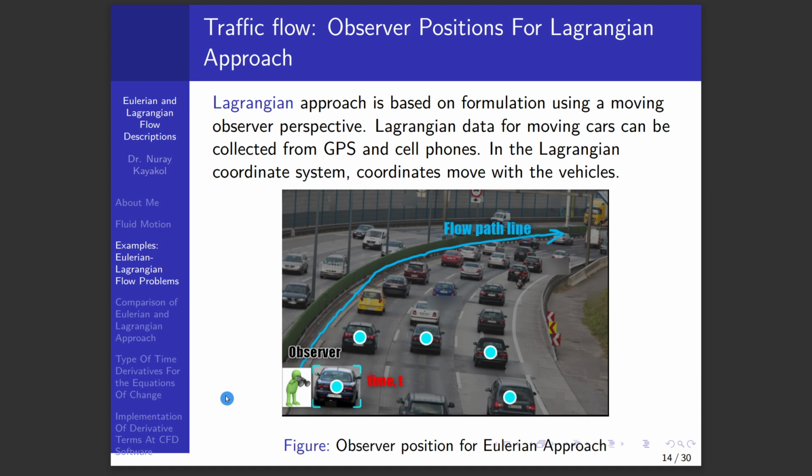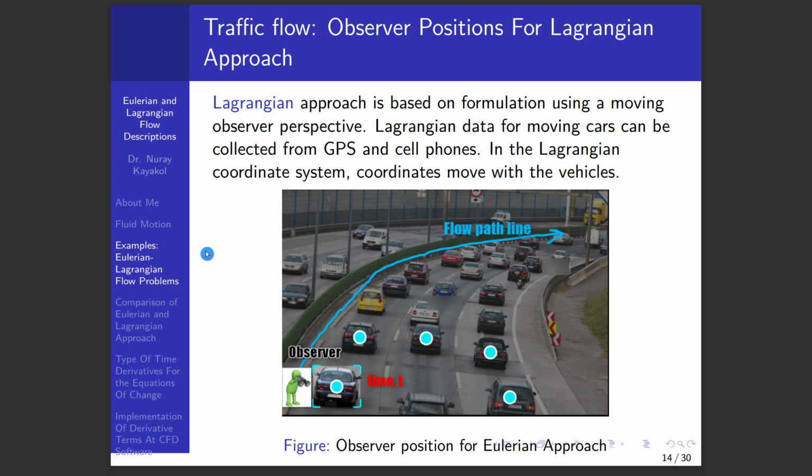Observer, you see, stands by the car, just imagine like this, and the blue line shows the flow path of these cars, and GPS or cell phones can provide data for individual cars.